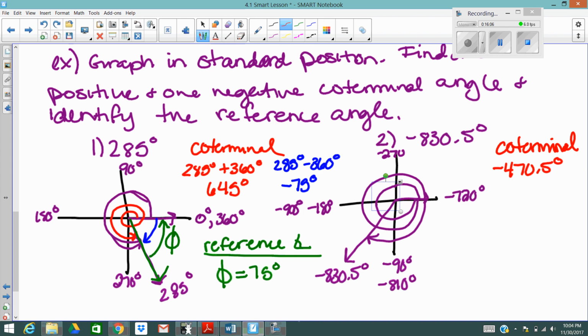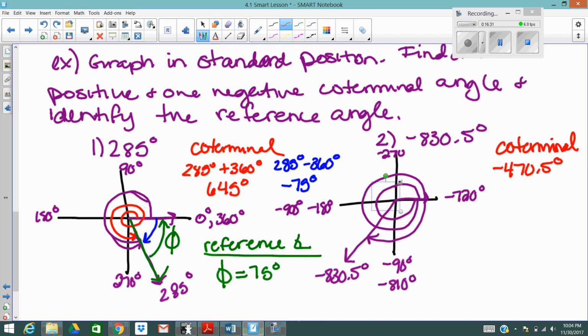Now to find a positive coterminal angle, I'm going to have to add 360 degrees again. But when I add 360 degrees again, I'm still at negative 110.5. So I'm still at a negative coterminal angle. So I could say that my negative coterminal angle is negative 110.5. That would also be a correct answer.